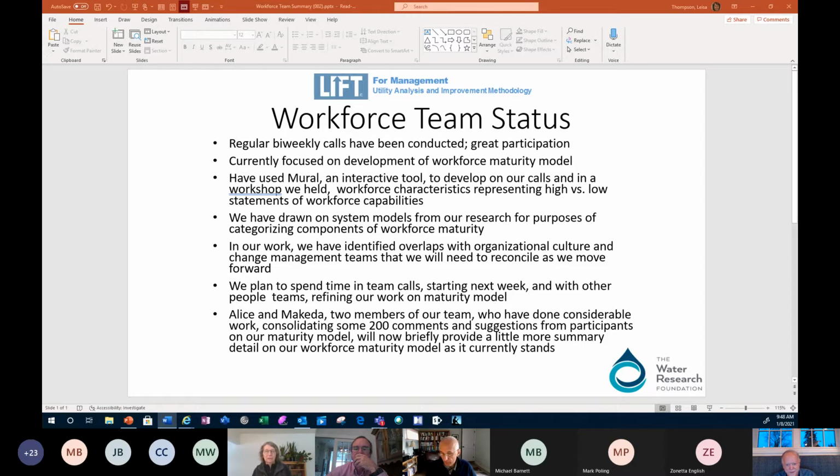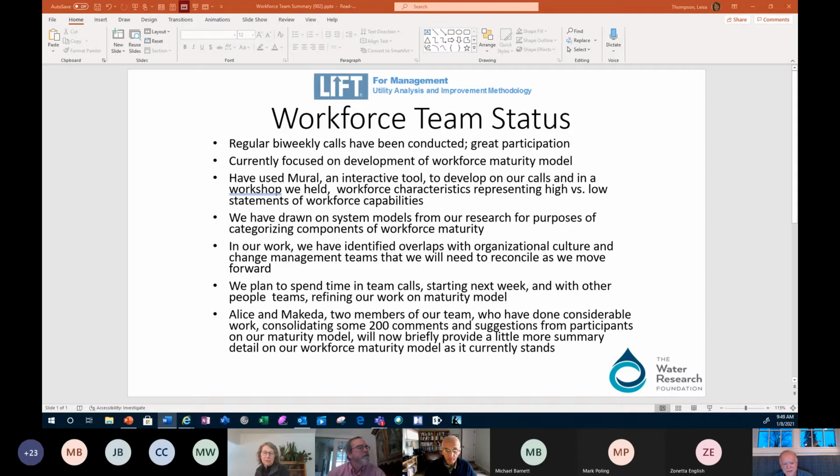And I think the work product we're heading towards is going to demonstrate that. We are focused on development, of course, of our workforce maturity model. We've done several things to help us work better in our virtual approach. And one of those is we started using Mural, a new interactive technology platform, so we could have more of a whiteboard experience, even though we won't be in the same room together.